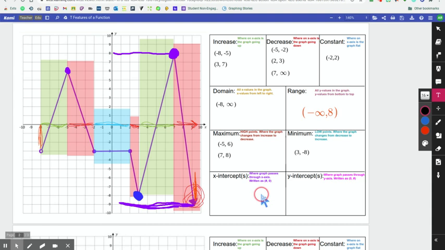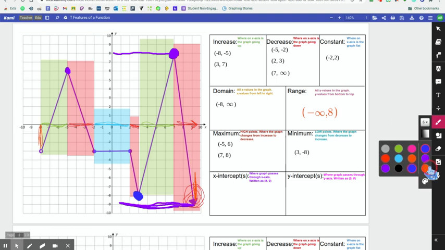So now we need to talk about x-intercepts and y-intercepts. Now, x-intercepts are where our graph passes through the x-axis. This line here is the x-axis. So we're looking at every place that our graph passes through.